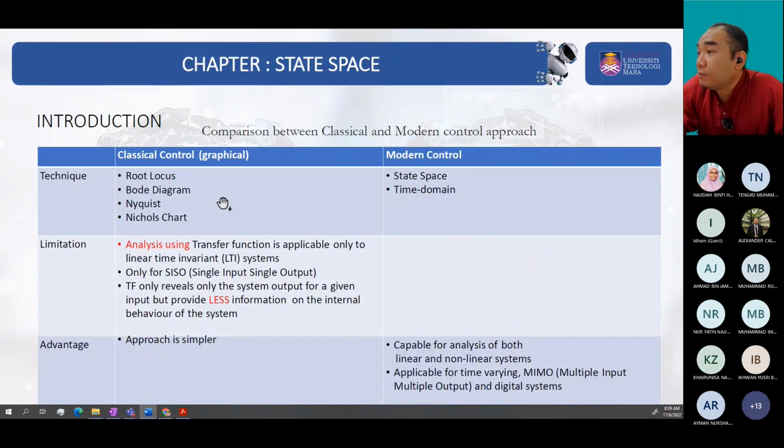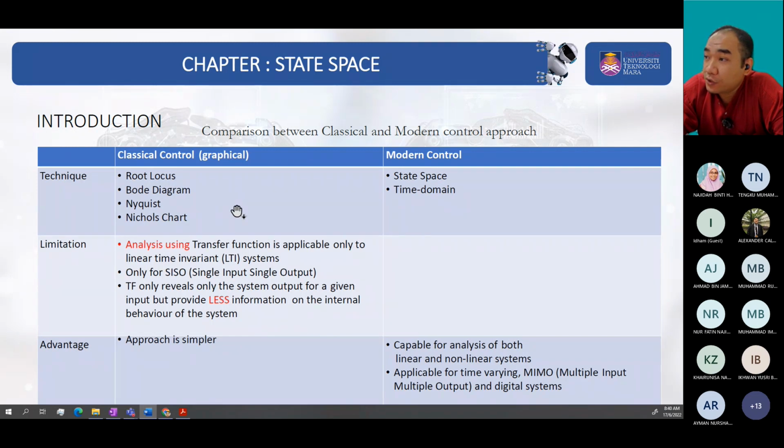Meaning you use the transfer function to understand the dynamics of the system. These are the topics that you have learned by using a transfer function. So when we use the transfer function technique, we call it the classical control approach. We call that the classical control.